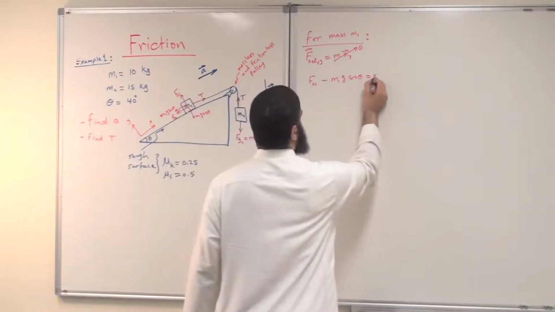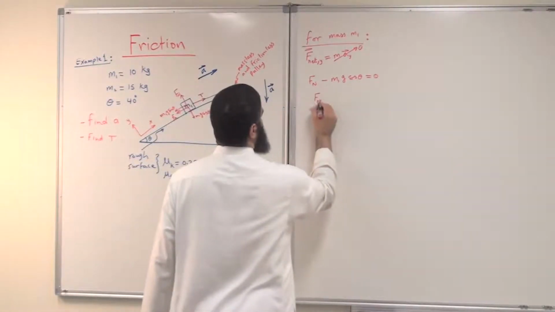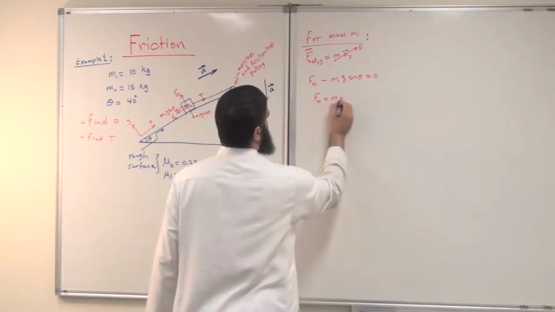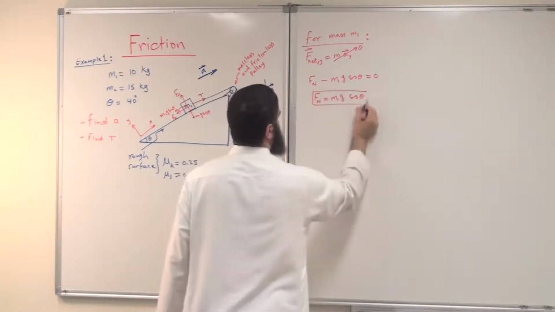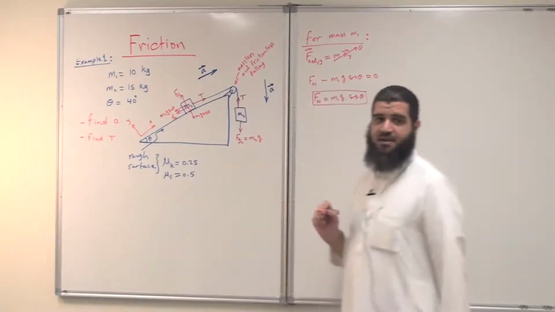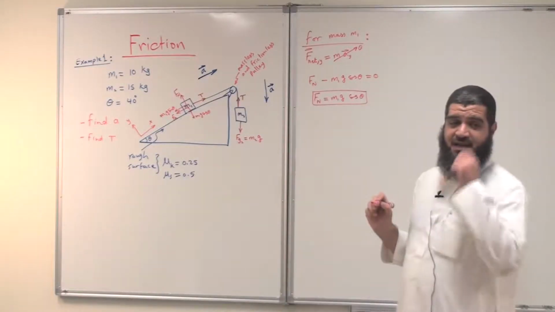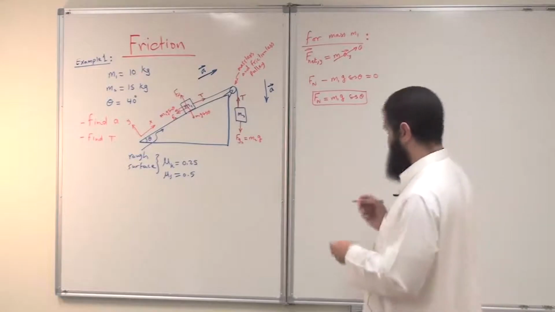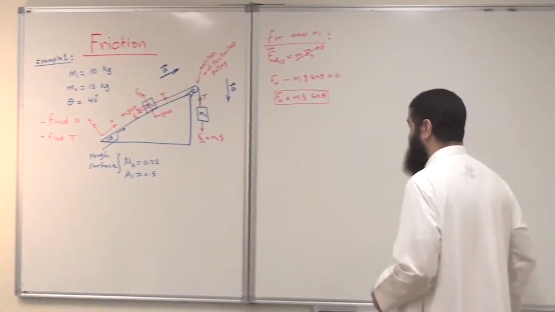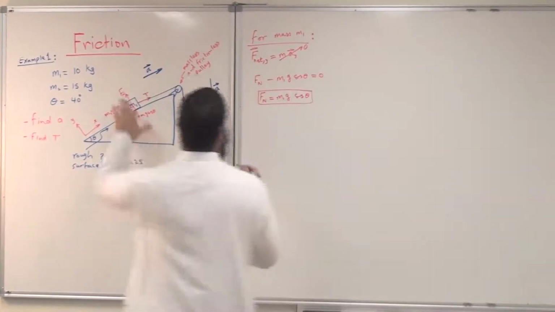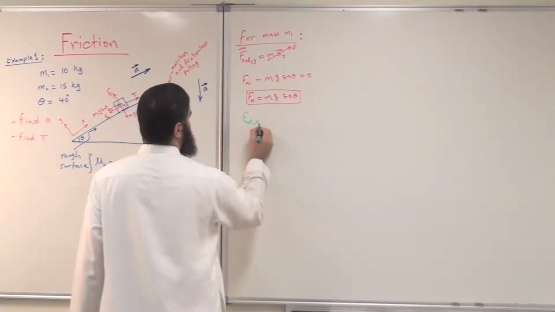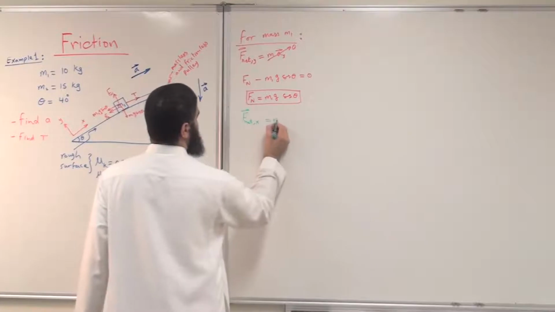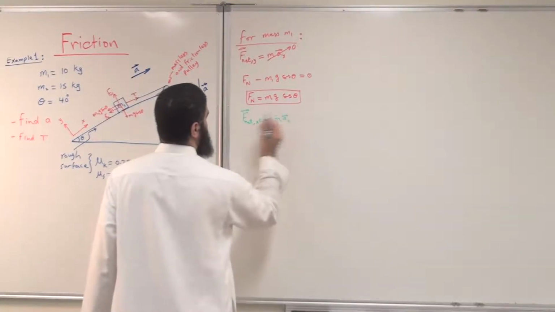All of this is equal to 0. So from here we get Fn equals M1G cosine theta. This is what we find from the application of Newton's second law on the y-axis. Now let me apply Newton's second law on the x-axis for M1. So I write F net along the x-axis equals M A x.